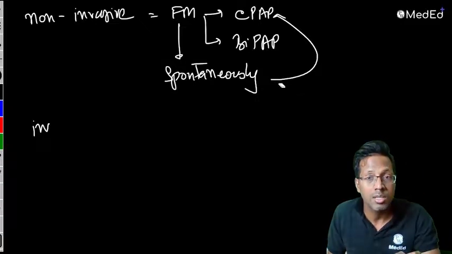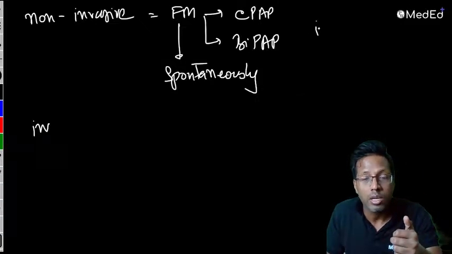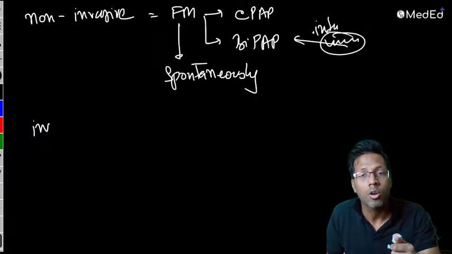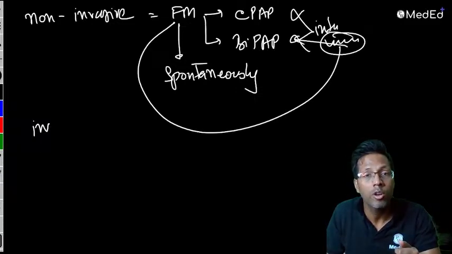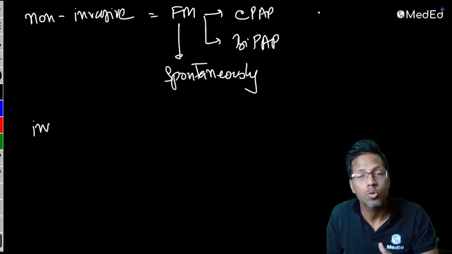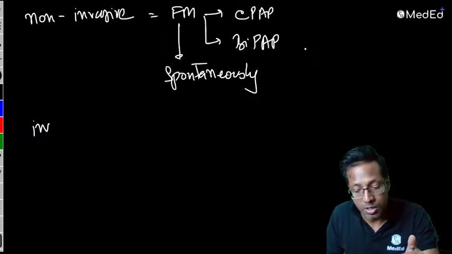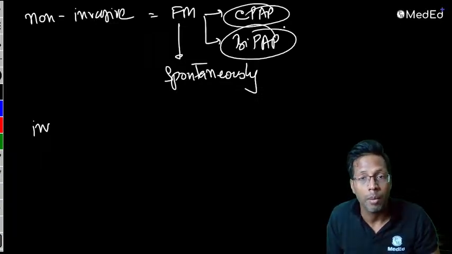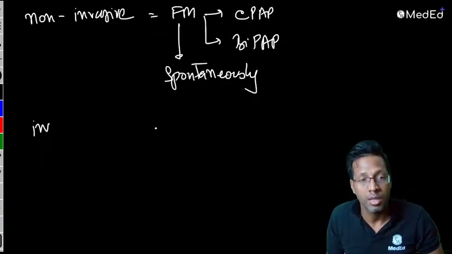And the question asked in the exam was, the patient was intubated or unconscious. So in an unconscious patient, you cannot use BiPAP or CPAP, because how will you put just a face mask? Here the patient has to be breathing spontaneously. So a sedated patient, unconscious patient, or some patient not breathing, you can't use CPAP or BiPAP. It has to be used for a spontaneously breathing patient.